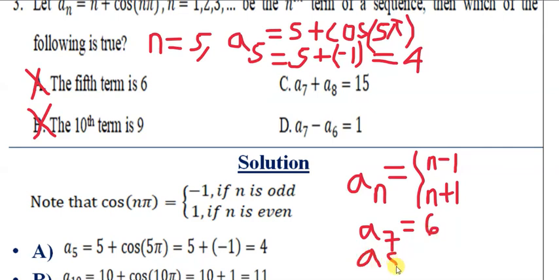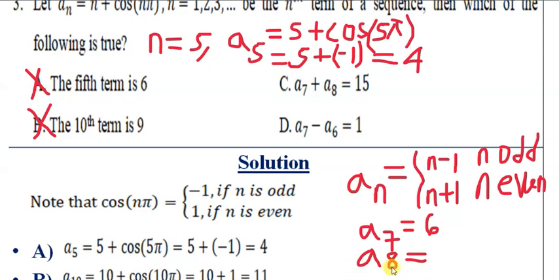A7 is odd, and therefore odd reduced by 1 is 6. And a8 is an even number, so when n is even it is n plus 1.